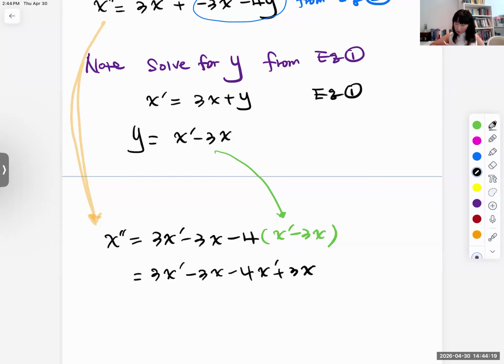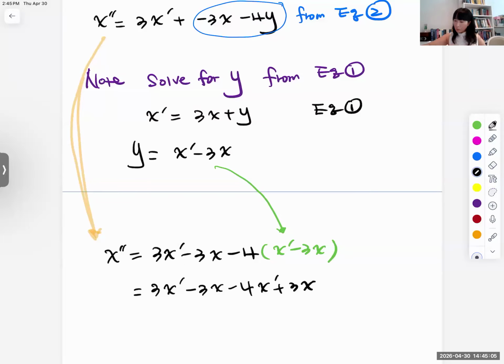Yeah. Okay. Hold on 1 second. Let me double check because I don't get the same number. Yeah, I made a mistake here, right? So it's a positive 12x.